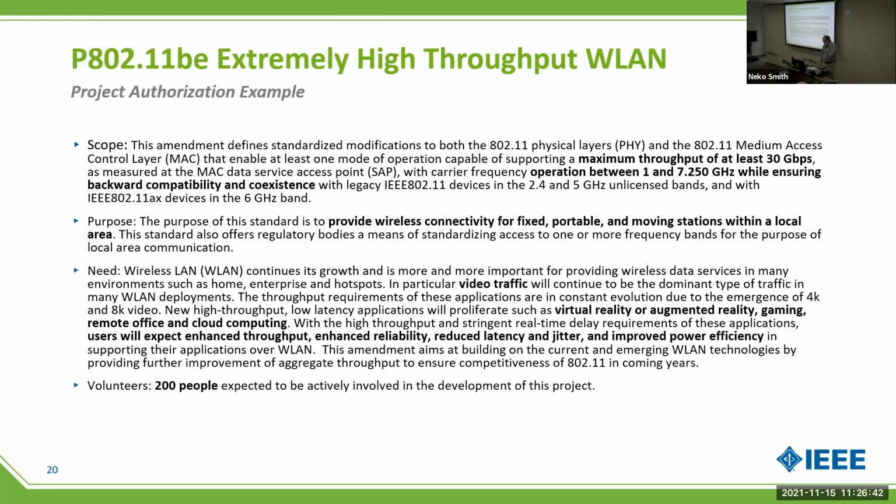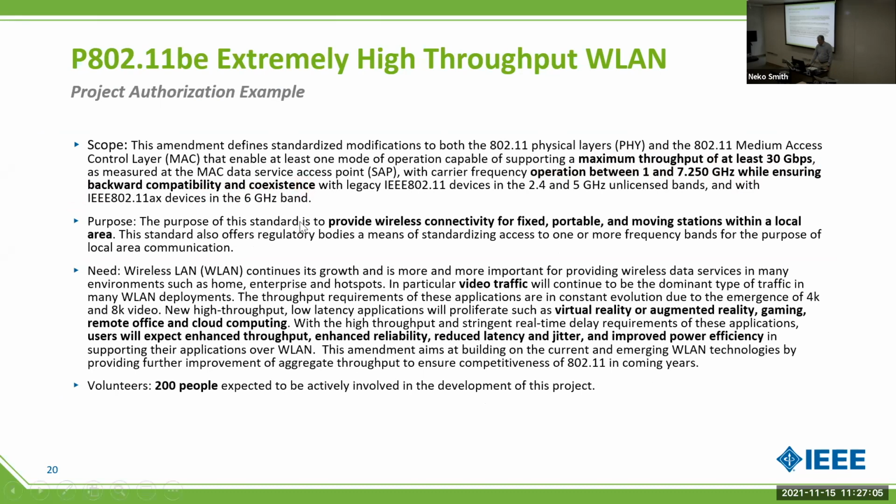And this is an example I use, 802.11be, extremely high throughput wireless LAN, the scope: going for a maximum throughput of 30 gigabits per second, operation between 1 and 7.25 gigahertz, and it's got to be backwards compatible and coexist with legacy devices.